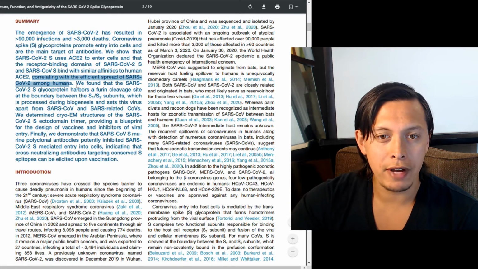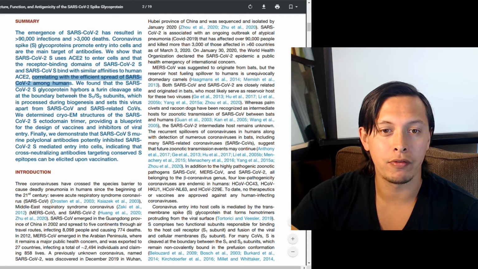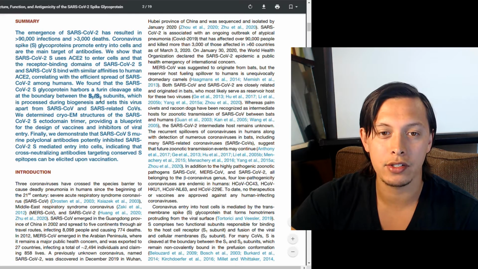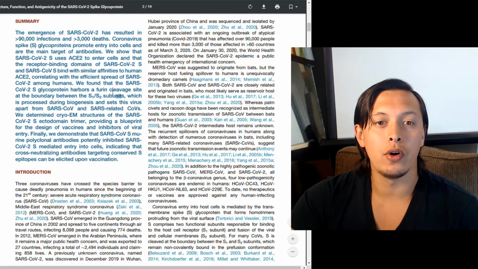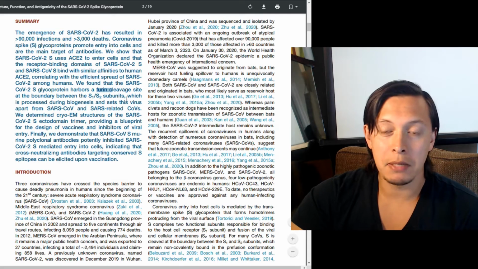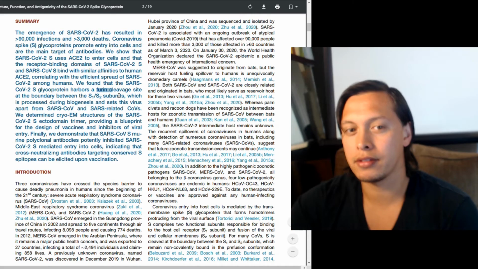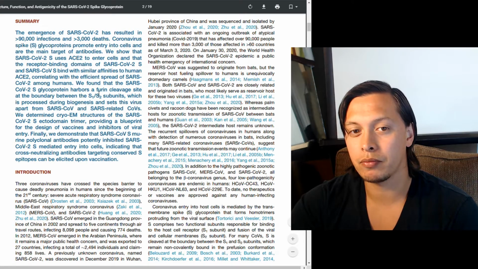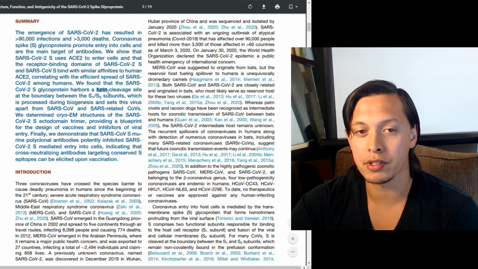We found that the SARS-CoV-2 glycoprotein harbors a furin cleavage site at the boundary between the S1 and S2 subunits. I've done previous videos about the furin cleavage site.